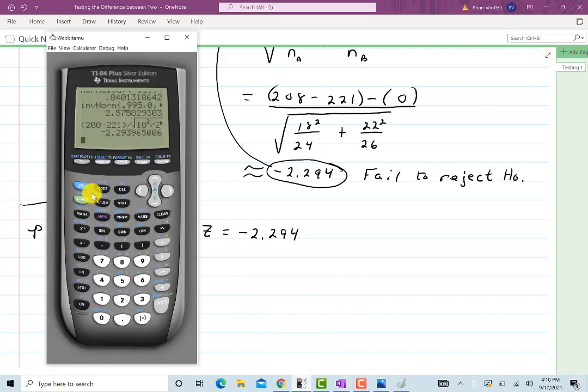Let's go to second, and then above VARS we see the DISTR. If I want area, that's this guy right here, number 2, normal CDF. So let me click it. Negative infinity up to negative 2.294, using the little minus down here for negative, and everything else stays the same.